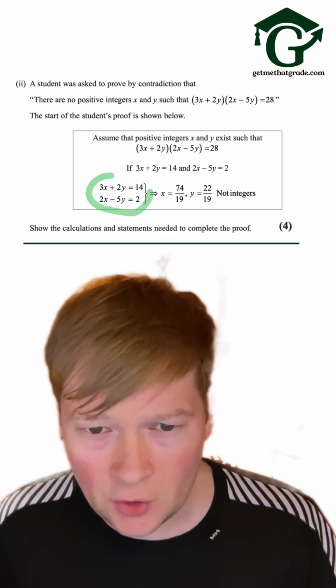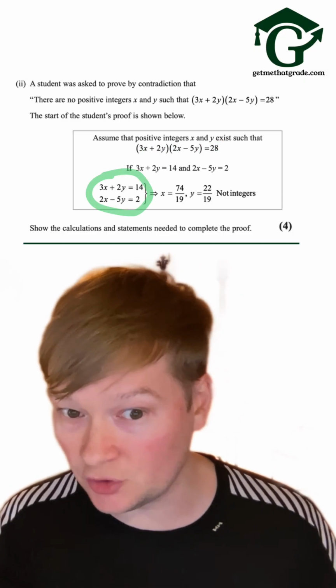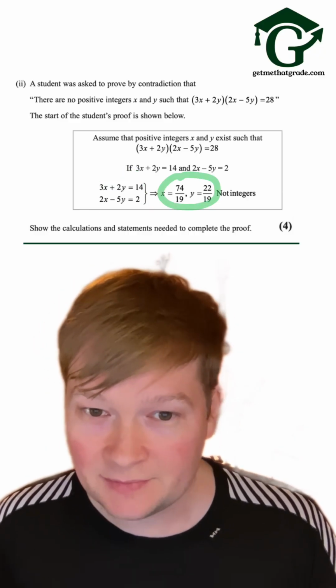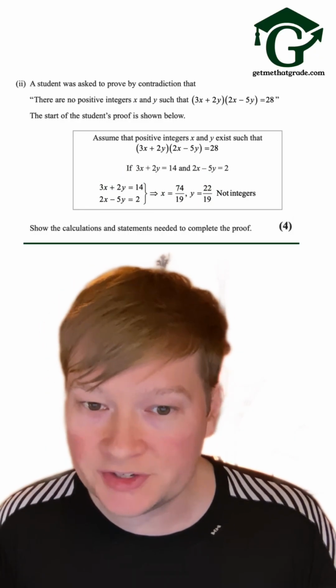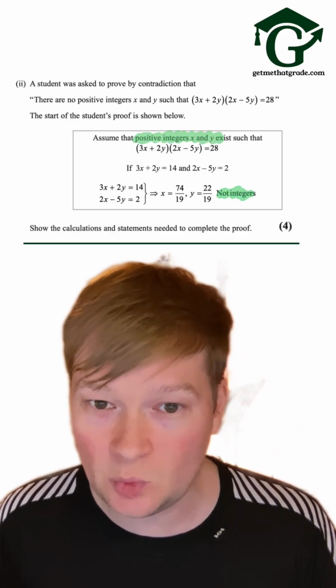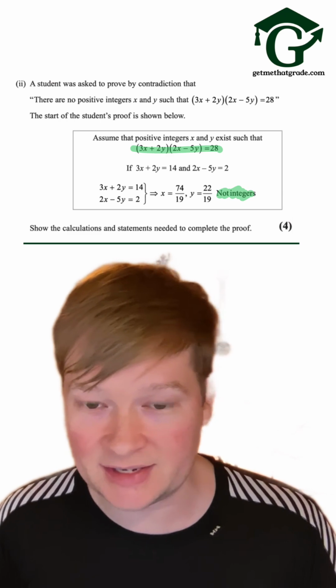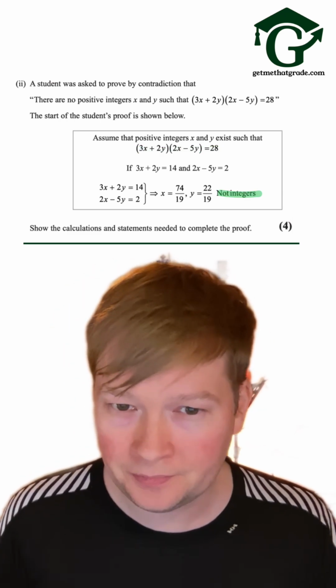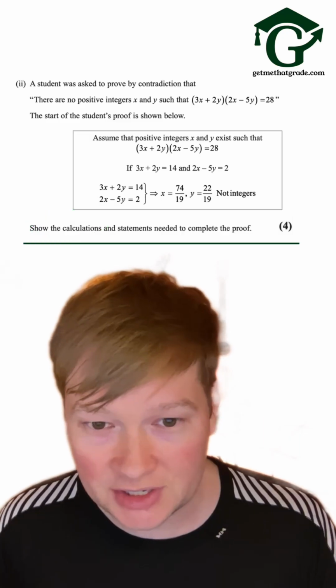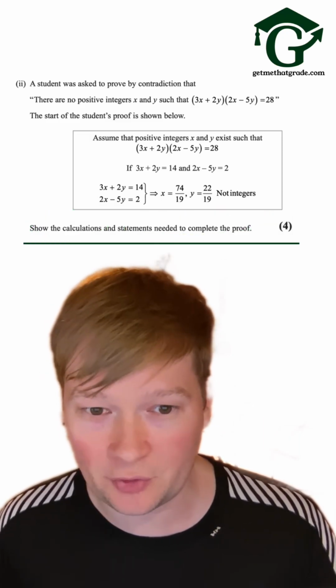If we solve these simultaneous equations, which you're allowed to do using your calculator, we get this. But these are fractions, not integers. And we assumed that there were positive integers x and y that existed that did this. So that's a contradiction. But this isn't the only case. We need to show the calculations and the statements needed to complete the proof.